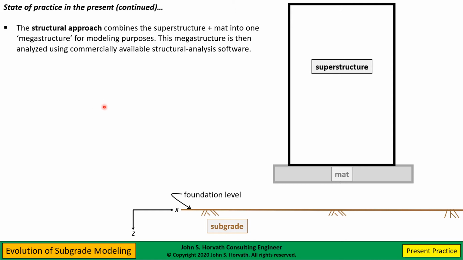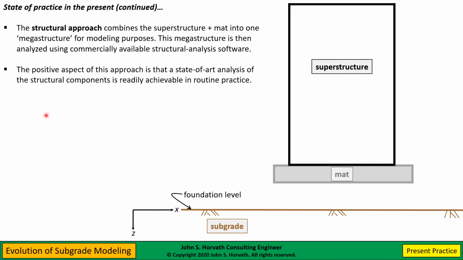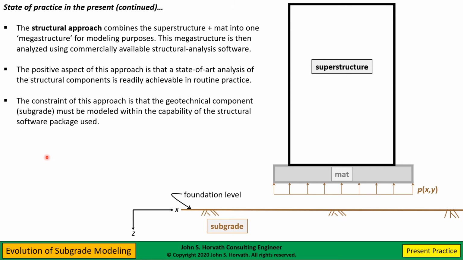Now, what I call the structural approach combines the superstructure and mat into what we might call a megastructure for modeling and analysis purposes. This is very easily handled in commercially available structural analysis software and has been for decades now. We could do a really first-class, state-of-the-art analysis of this combined system. The constraint of the structural approach is that you need to quantify the subgrade reaction.